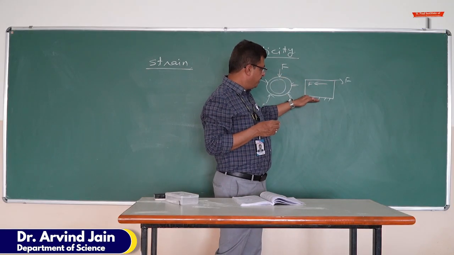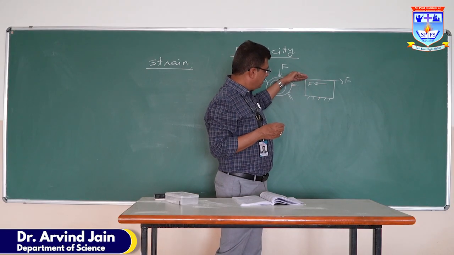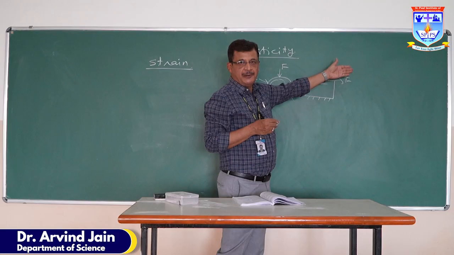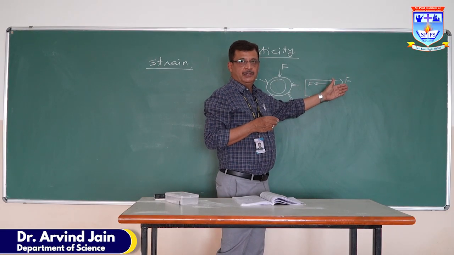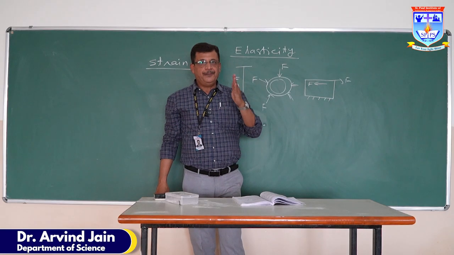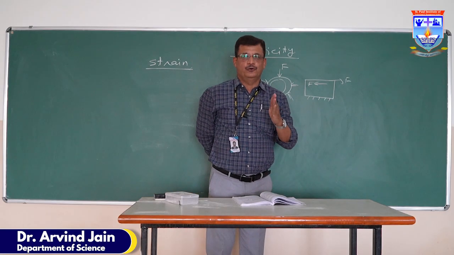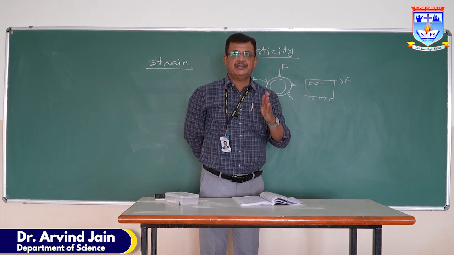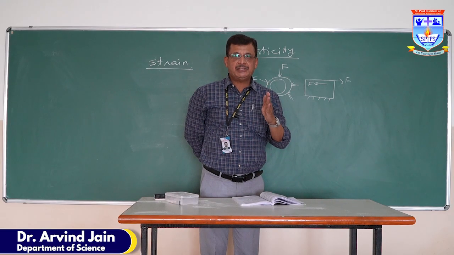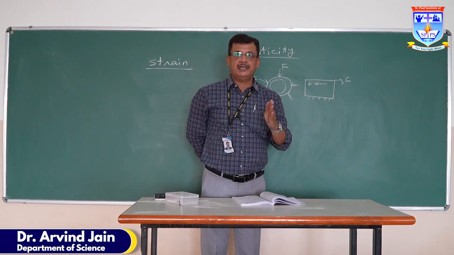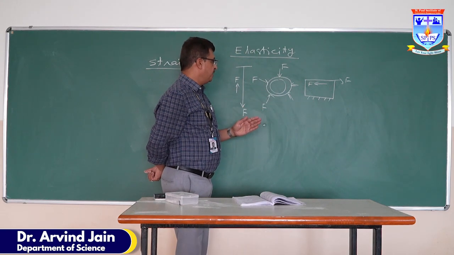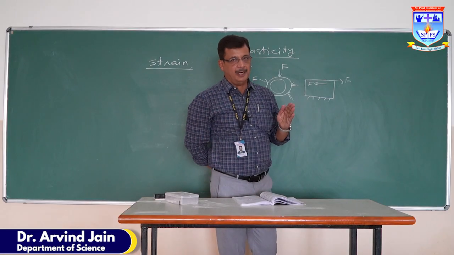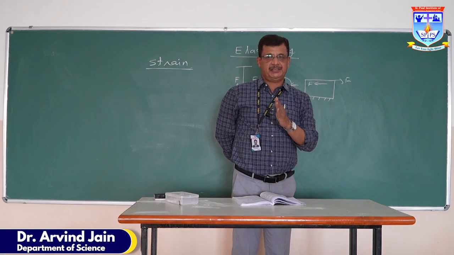Here the lower surface is fixed, and force is applied tangentially on the opposite surface, then the shape of the body changes. So after applying the external force, the change in shape or size of the body is called the strain. The fractional change in the shape or size of the body is called the strain.